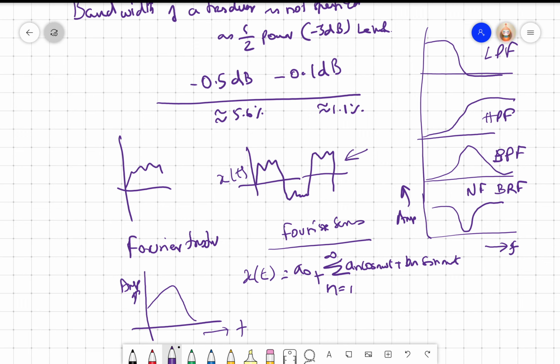If I want the characteristics for any particular type of input, all I have to do is resolve my time varying input in terms of sines and cosines, and then because I already have the frequency response characteristics, I can predict what would happen to my output, whether my output is going to faithfully reproduce the input or there is going to be some change, right?